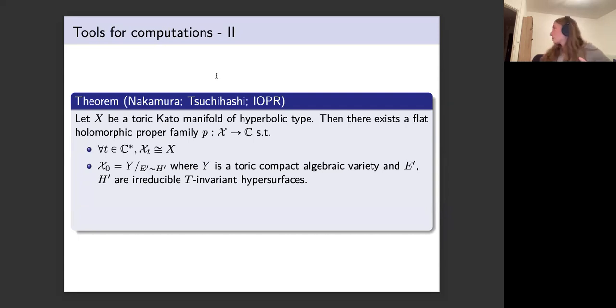It's not just singular, it's a non-normal algebraic variety, which you obtain exactly from an algebraic compact toric variety in which you have 2 invariant hypersurfaces which you glue together. So the normalization is just a toric compact algebraic variety, but you have to glue these 2 things.